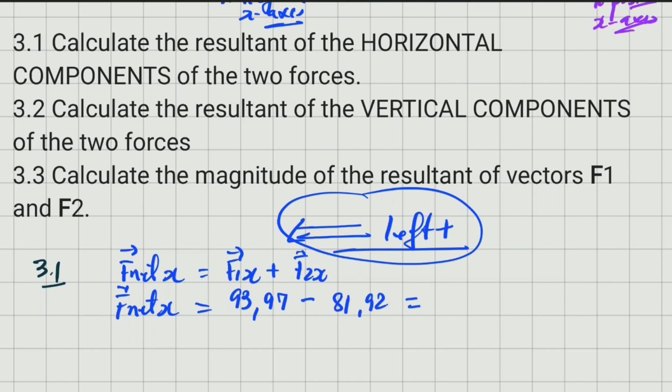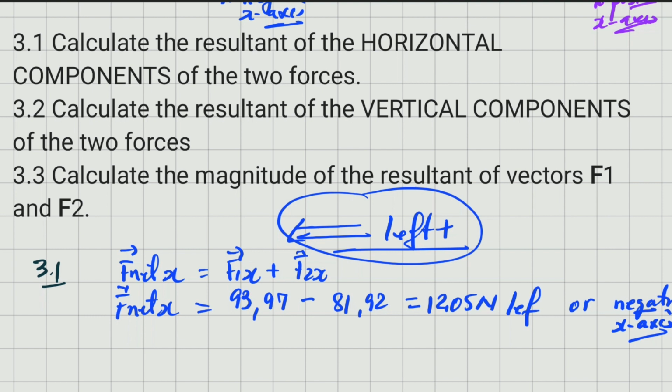And when you calculate that, guys, you will get 12.05 newton left, or to the negative x-axis, because it's going to be pointing to the left, or negative x-axis. So those are the two options there, guys.